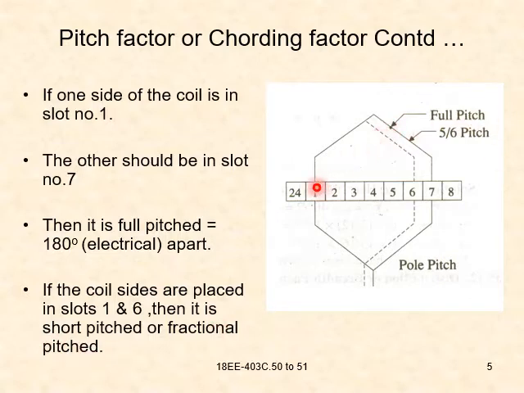You can see here, if it is from 1 to 7, it is called full pitched, and if the coil sides are placed in slot 1 and 6, as shown by the dotted line, then it is called short pitched or fractional pitched.